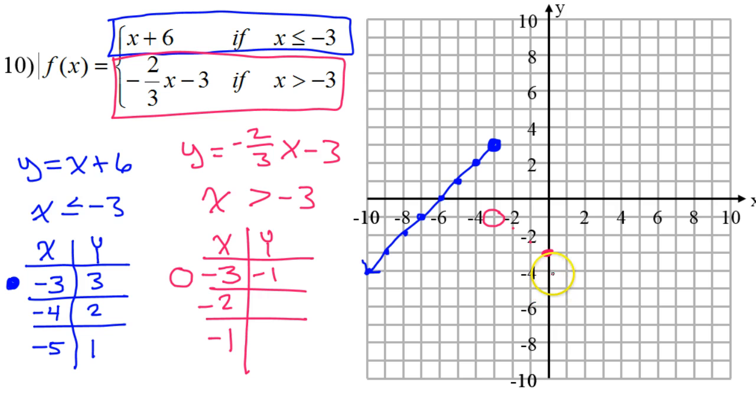And I can repeat that: down 2, right 3, down 2, right 3, down 2, right 3. Use the slope. The calculator was helpful in getting me that starting point, but after that, really the slope is helpful. So this part of the function is going to look just like this. And that's it.